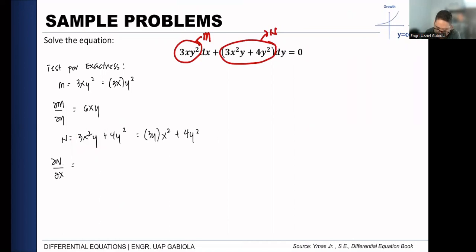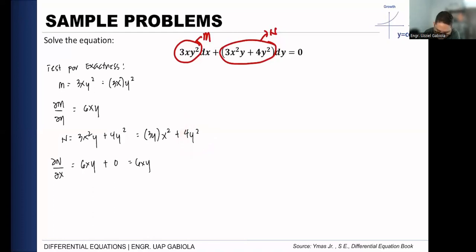Kasi nga, in terms na x lang ang kailangan natin. So, ano yung magiging value ng first term? Derivative nun. 6xy, no? Yung second term, 0. Okay. So, that is 0. Kasi that is in terms ng y, pero partial derivative ng x tayo. So, treated as constant to. So, and derivative ng constant is 0. Okay? So, we have 6xy.